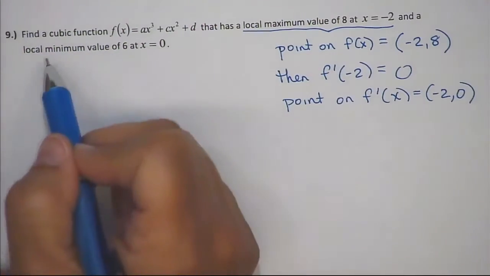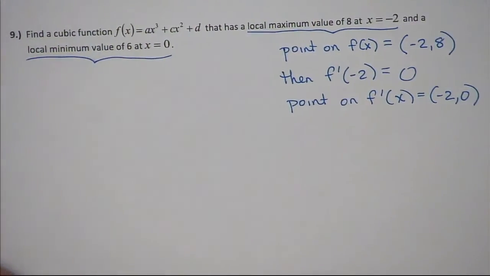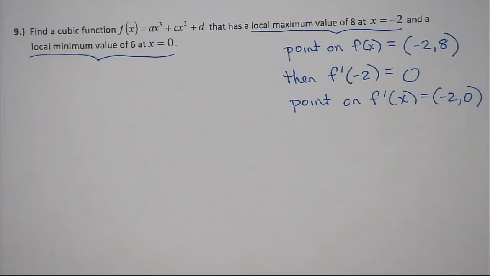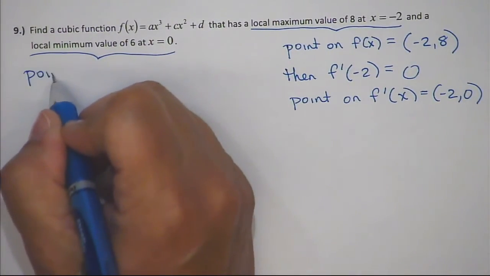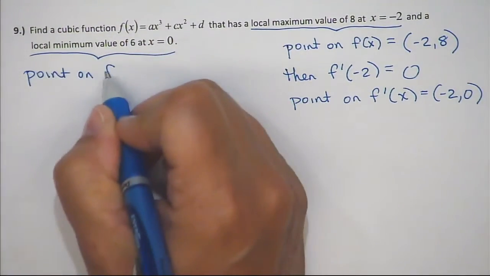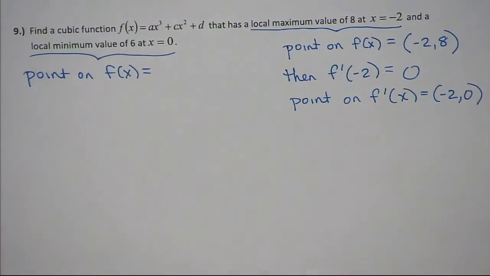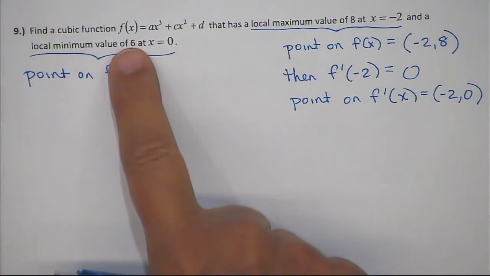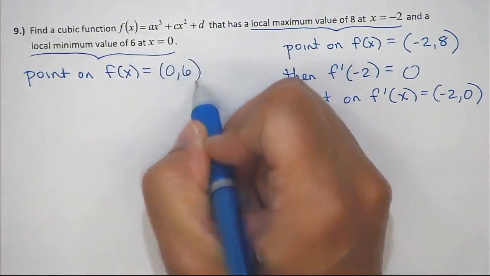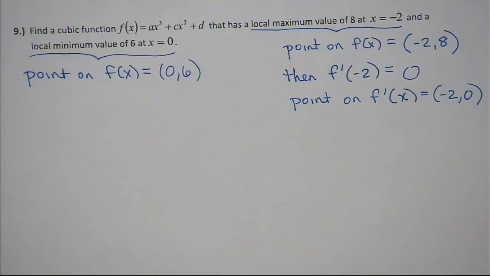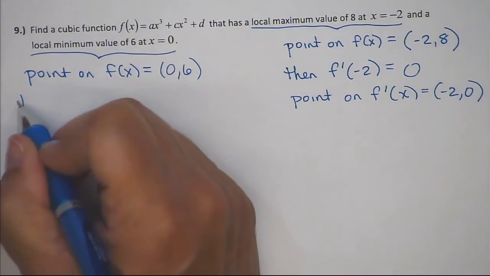All right, let's do the same thing over here. Minimum value of 6 at x equals 0. So first off, tell me the point on f of x. So we have a minimum at 0, and the minimum value is 6. So that ordered pair would be 0, 6. So that's a point on my function. Okay?